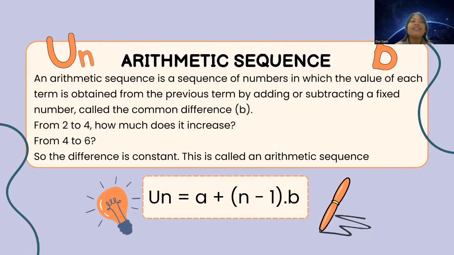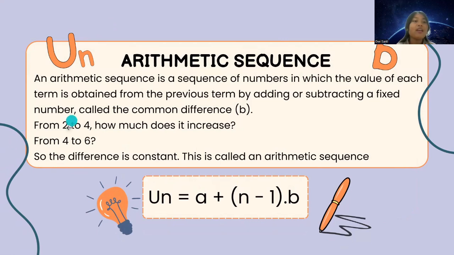Arithmetic sequence. An arithmetic sequence is a sequence of numbers in which each term is obtained from the previous term by adding or subtracting a fixed number called the common difference, b.